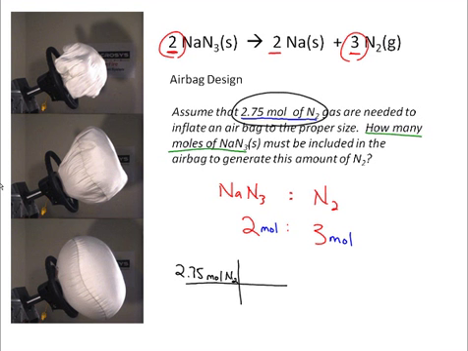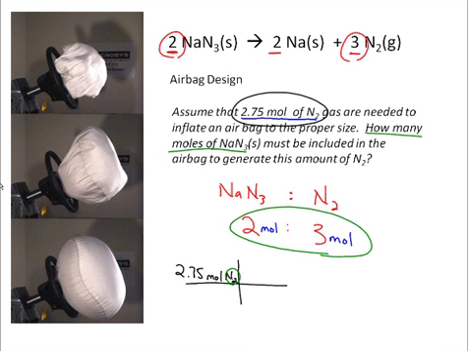Now what I'm going to put in there is our ratio right here, except I have moles and moles, so which one do I put on the bottom? Now the unit that I have here next to moles is really important.